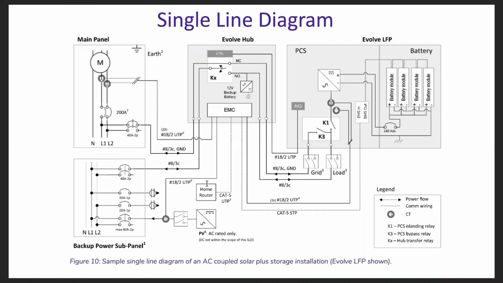This is a sample single line diagram showing the PV going into the dedicated backup load subpanel and how it's routed through the Evolve Hub, as is the Evolve LFP battery system itself, and what that routing looks like when the grid is up and which relays are activated when the grid goes down in order to connect the battery directly to the backup power subpanel, the backup loads panel.